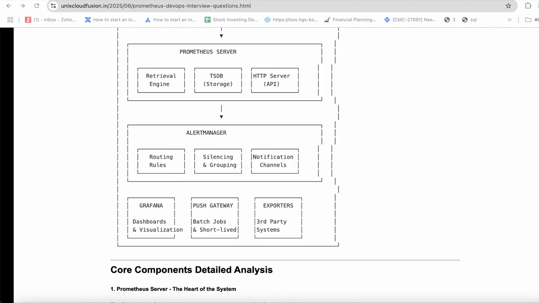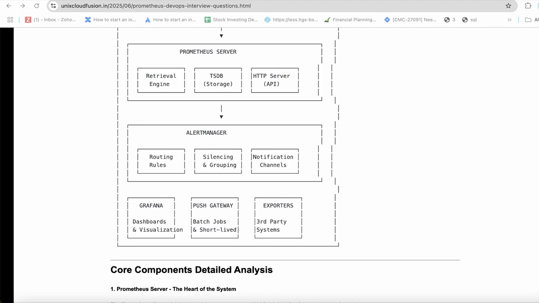Okay, let's take alert routing in more detail. Whenever I'm sending the alerts, I can say that if the alert is coming from my database, then database alerts should be critical, and the receiver would be, suppose, PagerDuty. So it's going to route this kind of critical alert to my PagerDuty, so that I'm actually able to take action at an earlier stage, right?